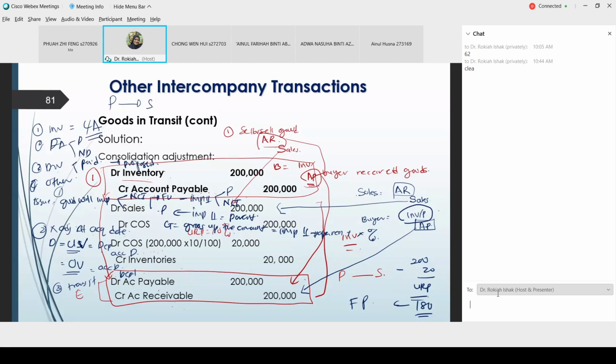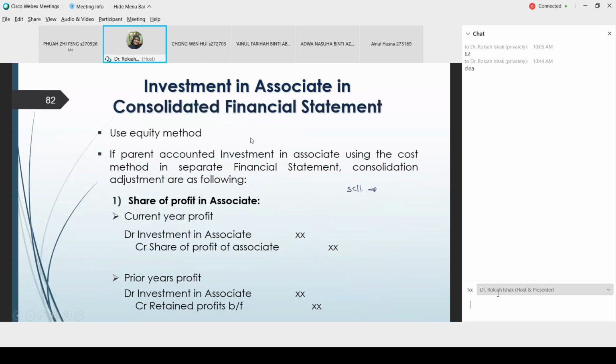Okay, so now we're going to look at the intra-group transaction, but this time between parent and associates. Associates here means that you have a share which is less than 50%. So once the share is less than 50%, we're going to use the equity method.